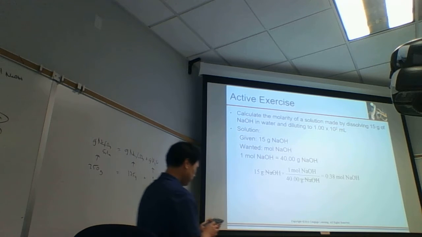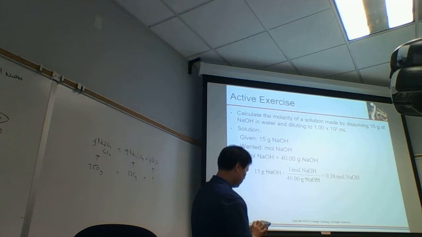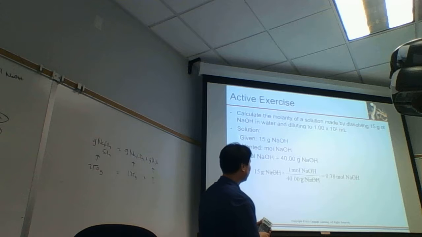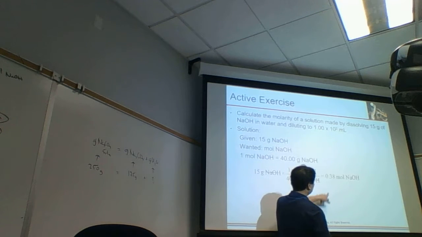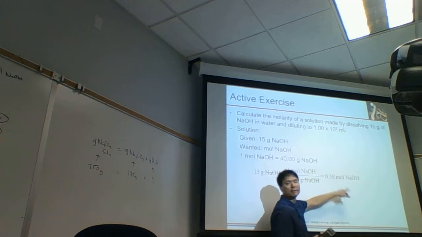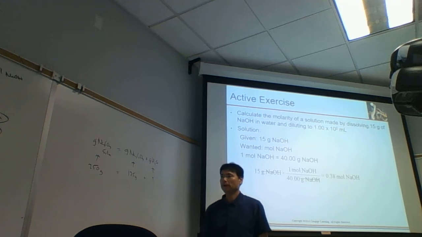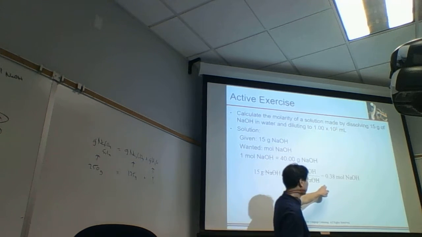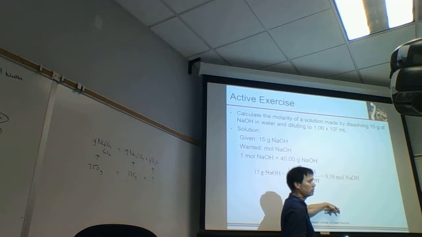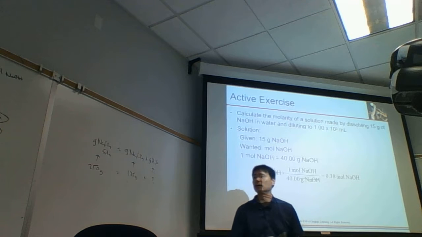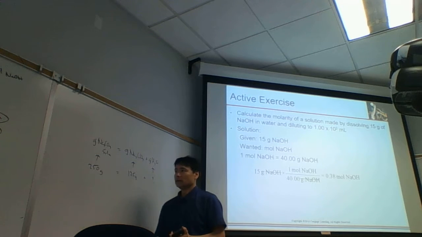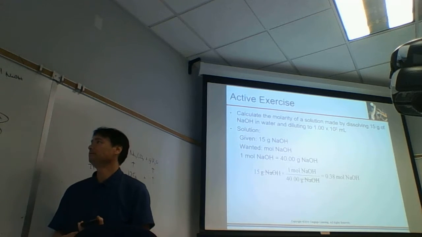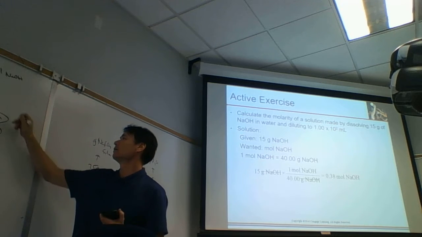So that would be 15 divided by 40, 0.375. So I would get 0.375 here. In chemistry, you're not supposed to do these kinds of intermediate rounding steps because if you have a very long calculation, by the end of that calculation, you could be extremely far off if all the roundings went in one direction.